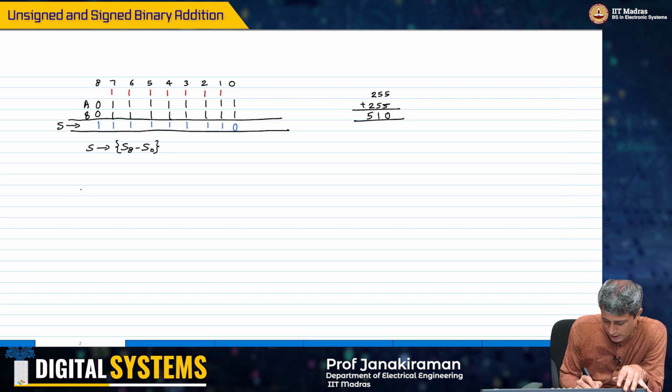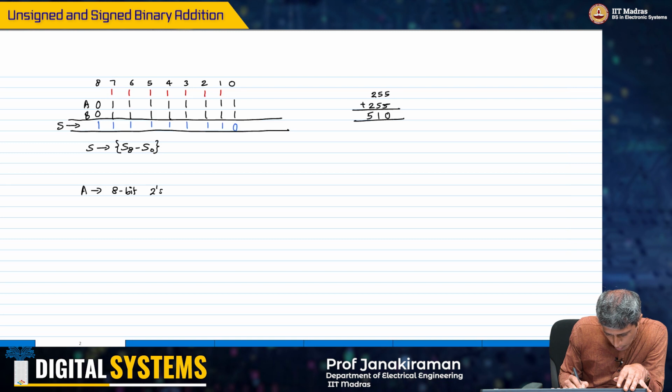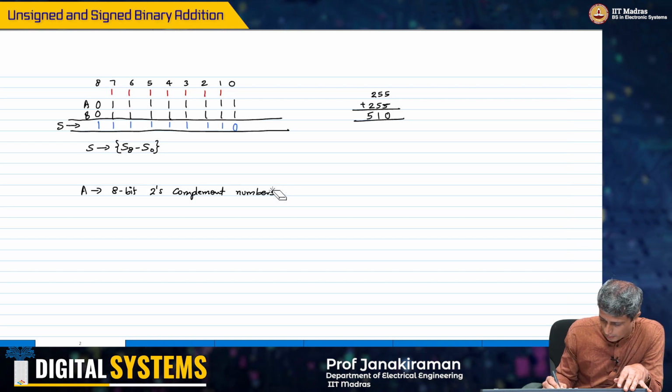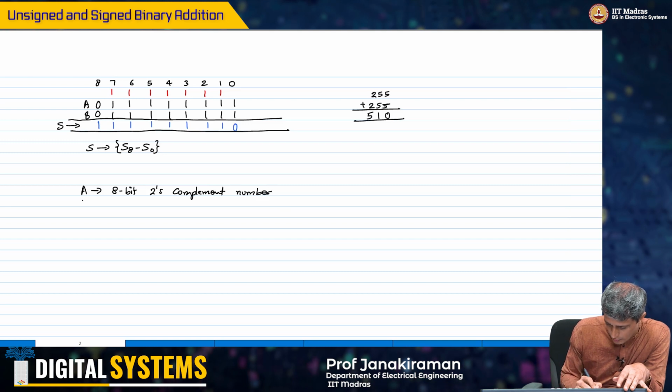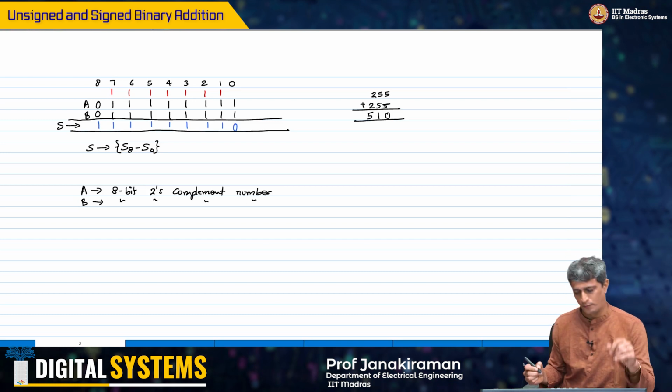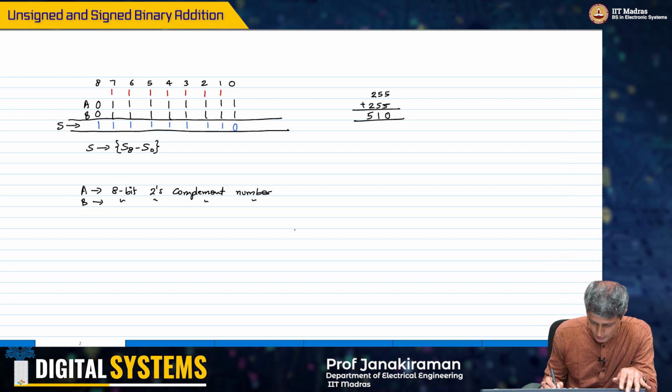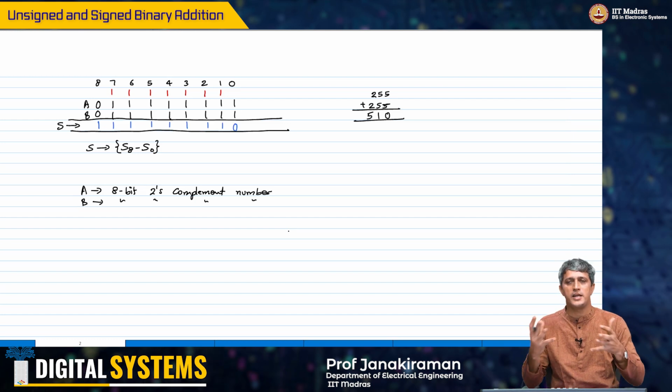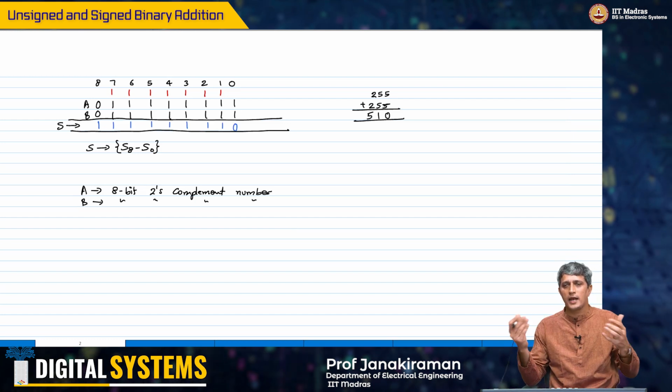I am going to now say A is an 8-bit 2's complement number, B is also the same. So remember, the range that A and B can each represent will be quite different.